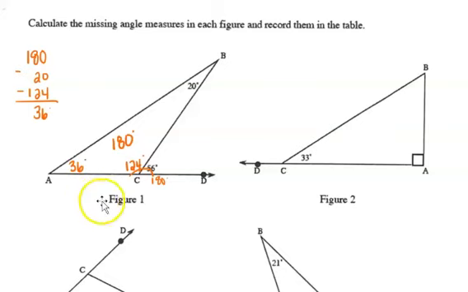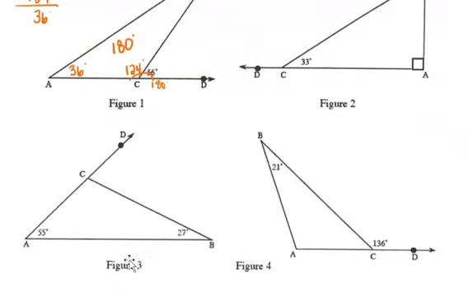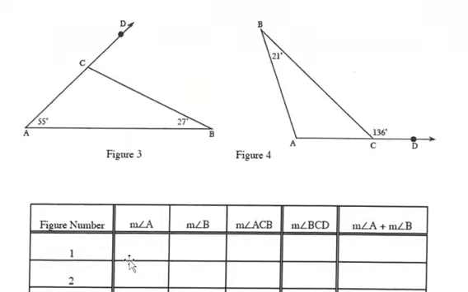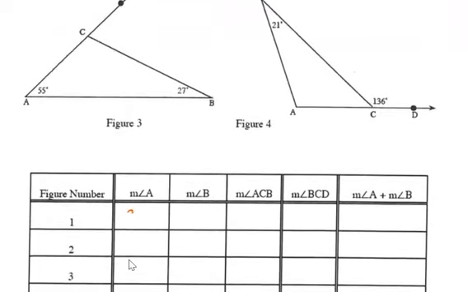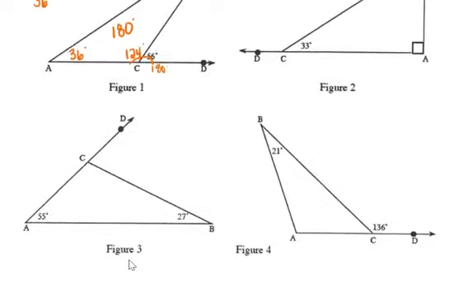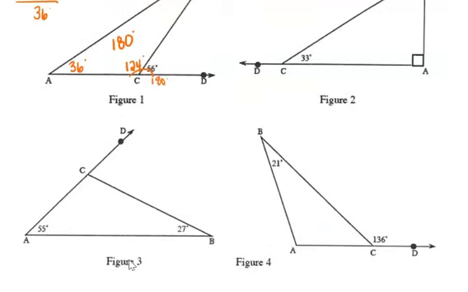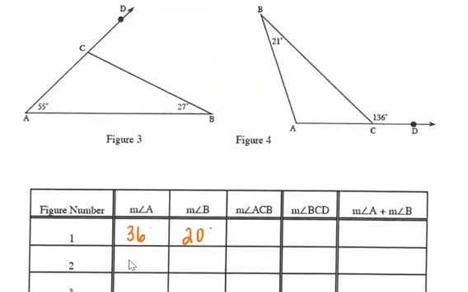Okay, so I'm going to fill some stuff in. Alrighty, so figure 1, scroll down here. Measure of angle A, we said was 36 degrees. Measure of angle B was 20. And the measure of angle ACB, that was my obtuse angle right here, that was 124.